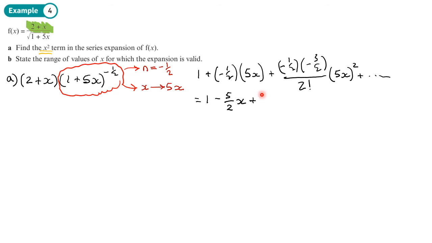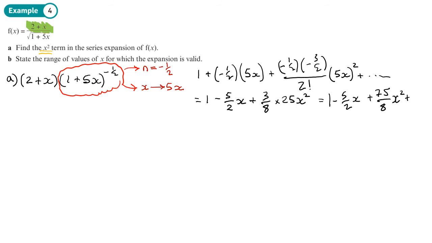I don't want to do too much without really explaining. So 3 over 8 is going to get times by 5x all squared, which is 25x squared. So actually what that becomes is 1 minus 5 over 2x, and then 3 over 8 times 25 gives you 75 over 8, so plus 75 over 8x squared.